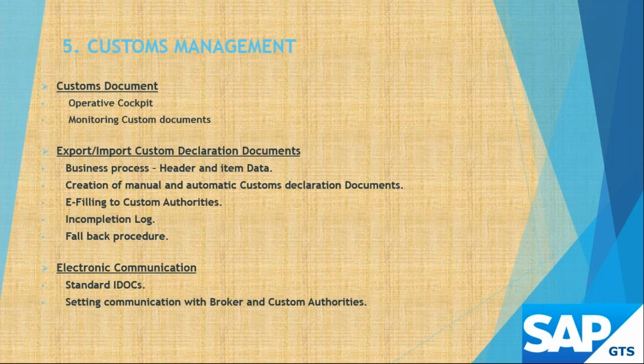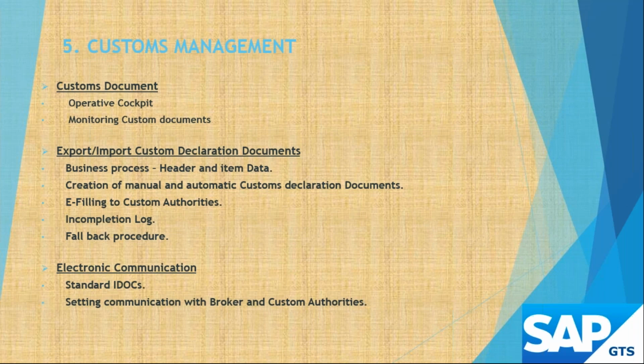Like if you are exporting anything from US to India, you have to go through the custom authorities. You have to verify that these are the things that I am exporting. They will check if it is legal or not, or if it is under the limit or not. Like if there are certain limits defined by custom authorities which we cannot exceed in one transaction.